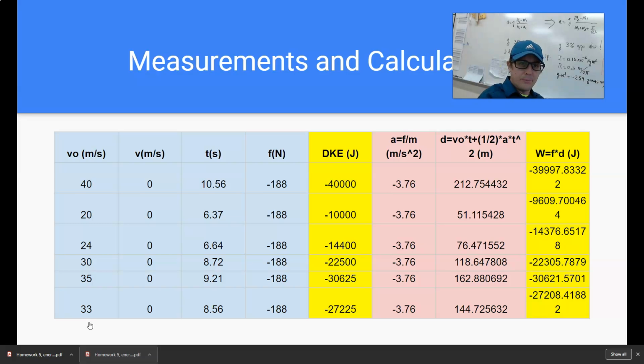The blue are the measurements; the red and yellow are the calculations. As you can see, the change in kinetic energy, which I call DKE, is really close to the work done by friction, as you see in those yellow columns.